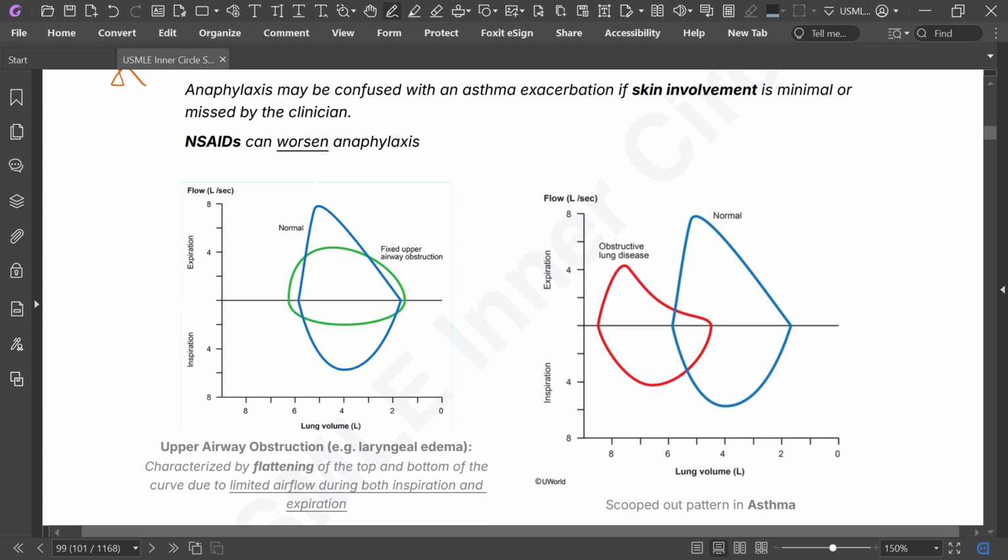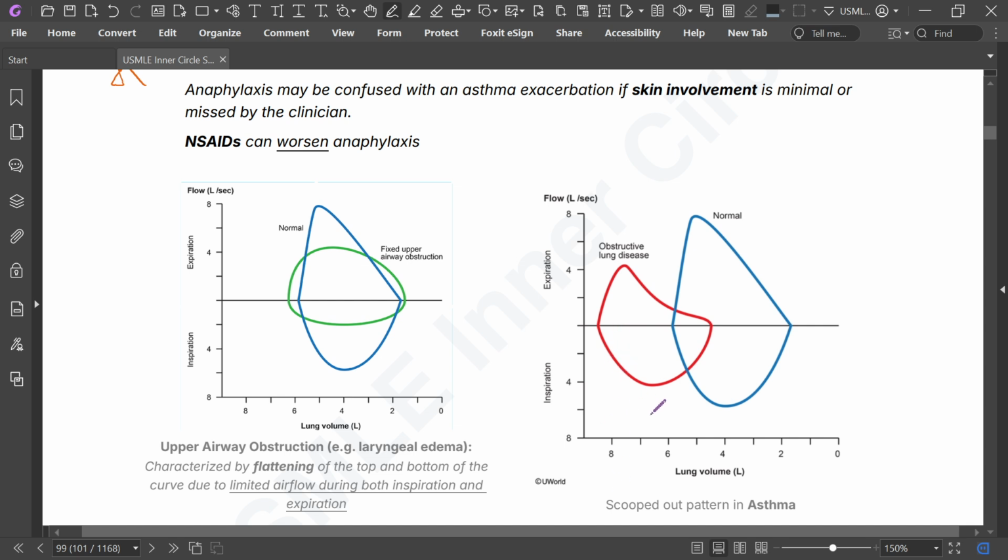This is the flow volume loop curve, where we can see the pattern of obstructive lung disease. This is the scooped-out pattern, and the residual volume is higher.